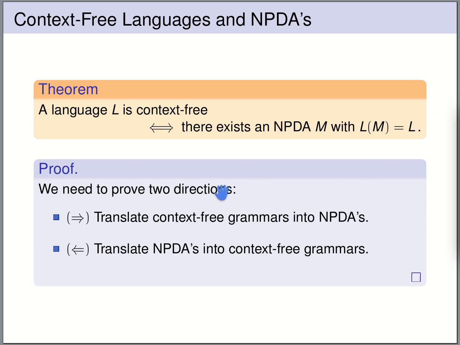We have to show that we can translate context-free grammars into equivalent nondeterministic pushdown automata. So here equivalent means that the language accepted by the nondeterministic pushdown automaton is the same as the language generated by the grammar. And we have to show that we can translate nondeterministic pushdown automata into equivalent context-free grammars.